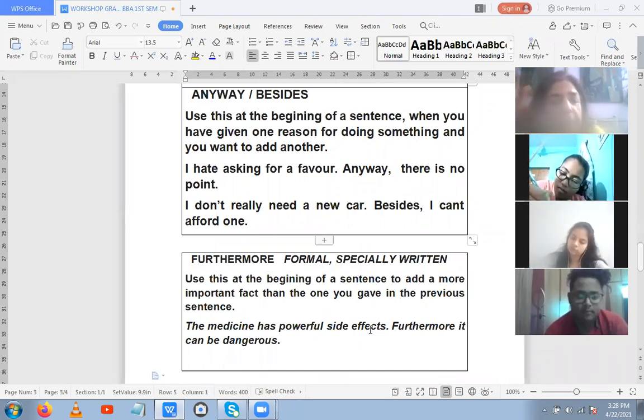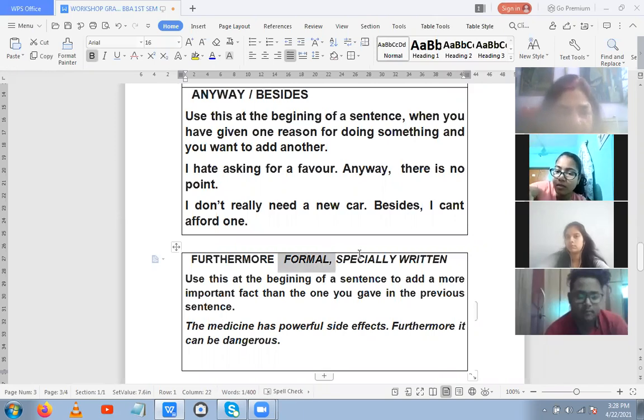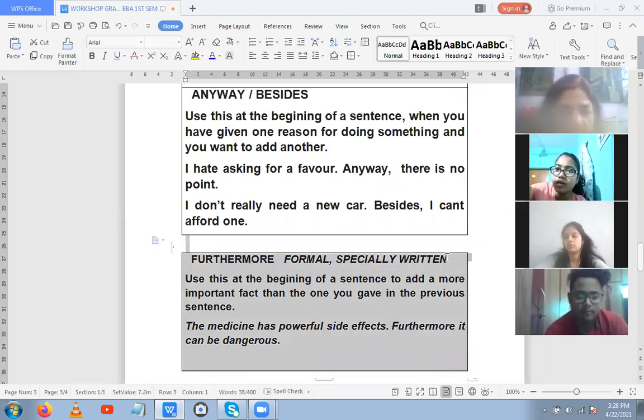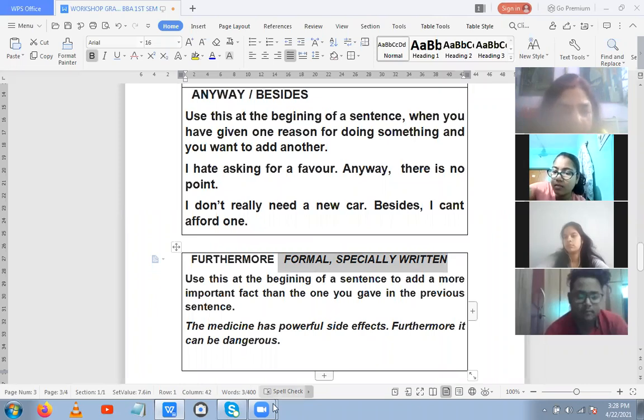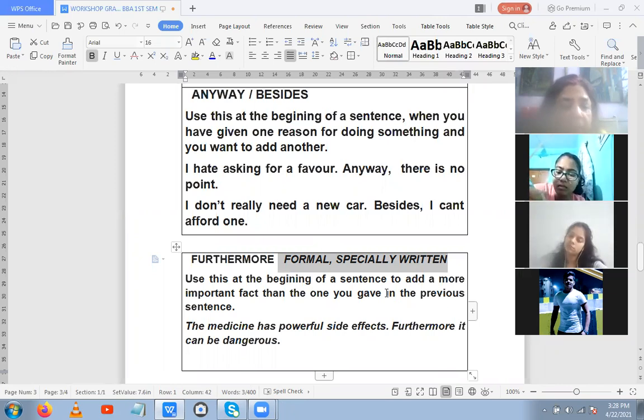This is only the explanation, these are not the linking words. Use this at the beginning of a sentence to add a more important fact than the one you gave in the previous sentence.